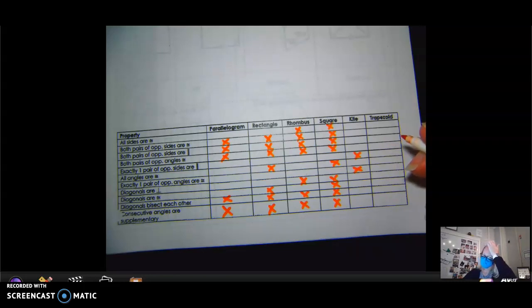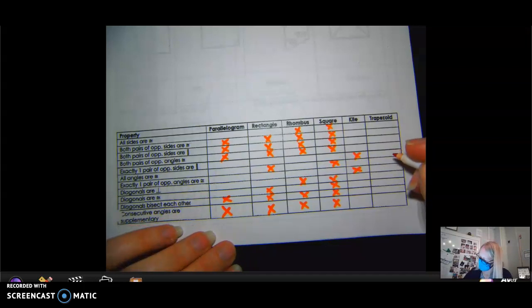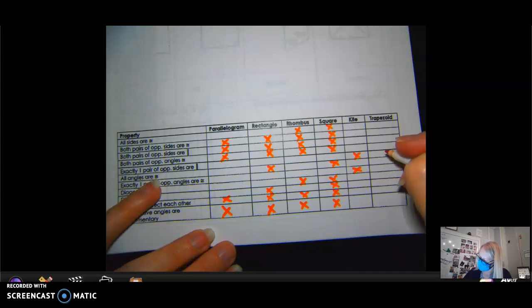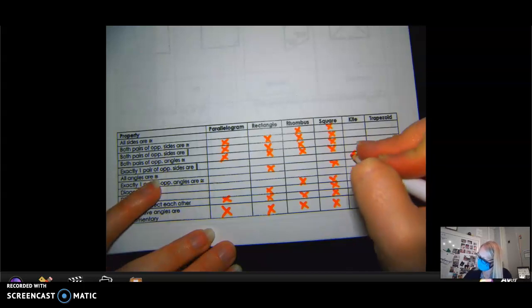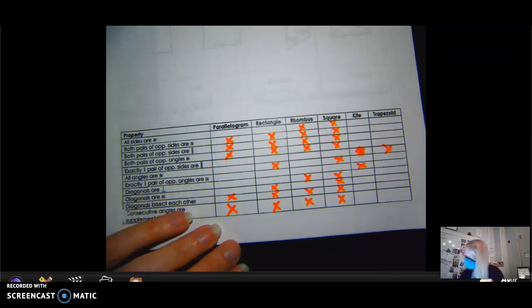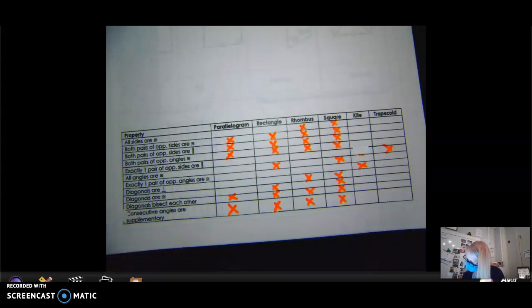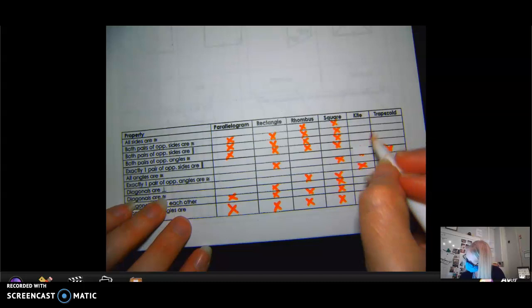Trapezoid. I think there's only two for a trapezoid. Am I correct? What are they? Oops, I marked the wrong one here, guys. What was the other one for a kite? Diagonals are perpendicular.